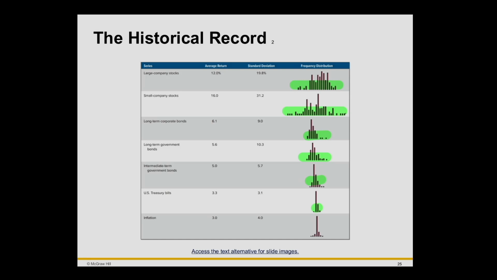Intermediate would be notes, and short-term would be bills. And then finally, inflation down here.